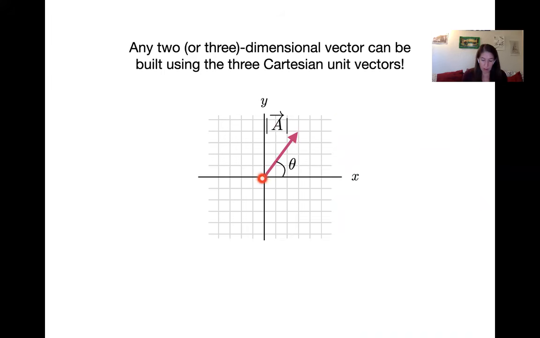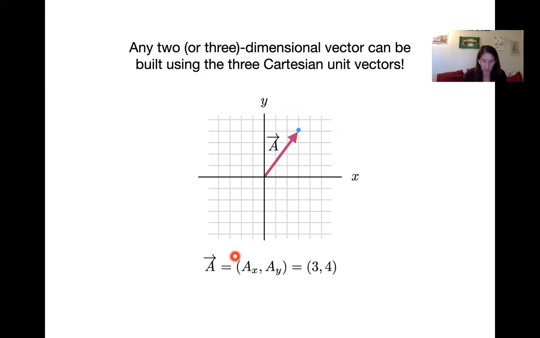Now, if I wanted to explain this vector to you, one way to do it is I could tell you its direction by giving you some angle measured here. I've measured it relative to the x-axis, and then simply telling you the length of the vector. Alternatively, notice that if I place the tail of this vector, the head ends up somewhere on this grid, and I've drawn it so that it sort of nicely lands right at an intersection of a grid.